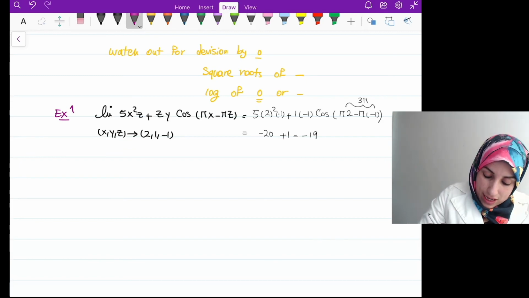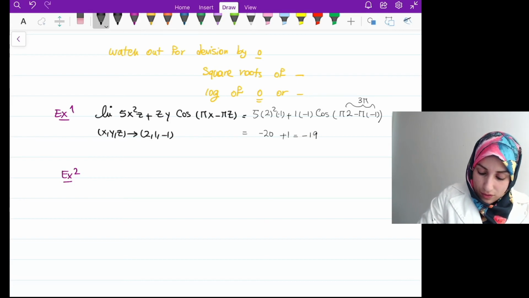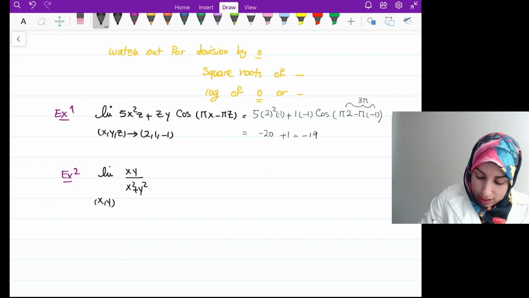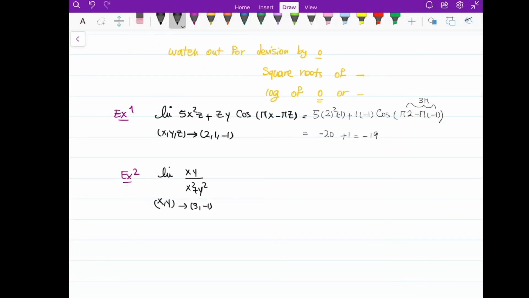Okay, and example 2 would be the limit of xy over x squared plus y squared as x and y go to the point 3 and -1. In here I have a continuous function on top, a continuous function on the bottom, and the denominator is not 0.